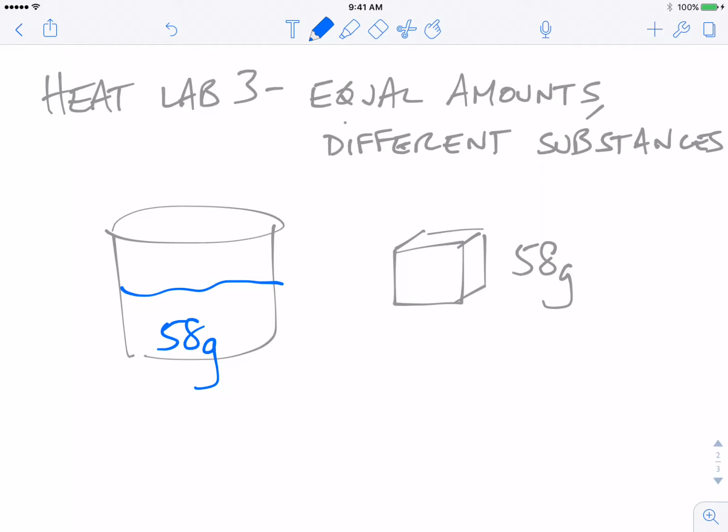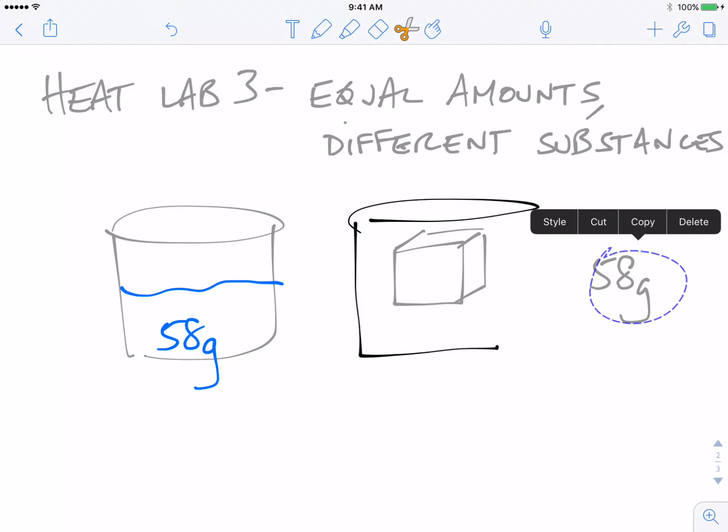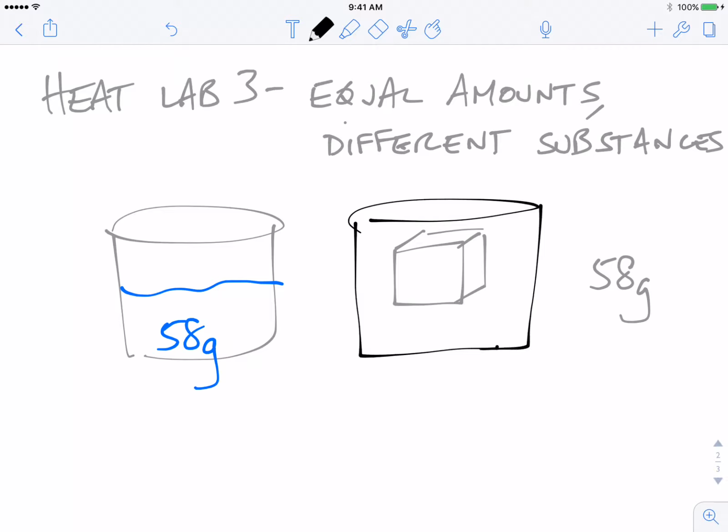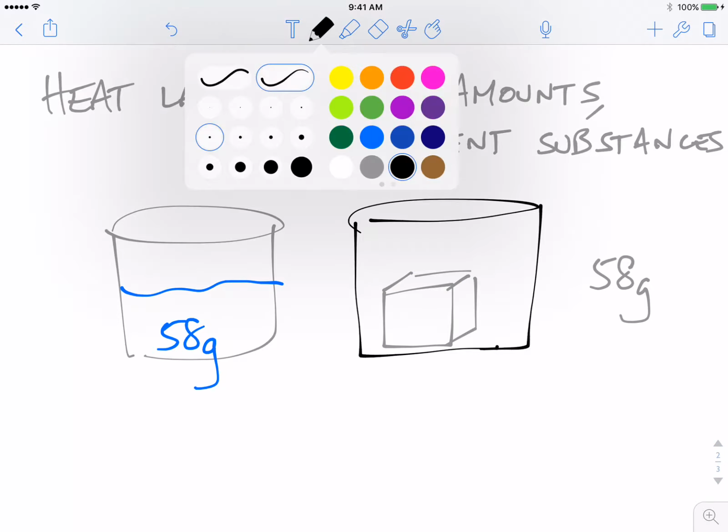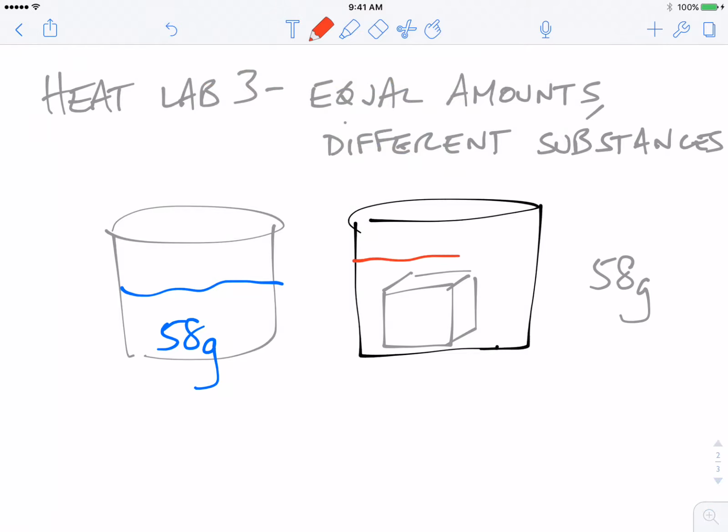And what we need to do then is heat up our metal. So we put it in a hot water bath. We had a pan, and we put our metal in the bottom. And in the pan there was hot water.